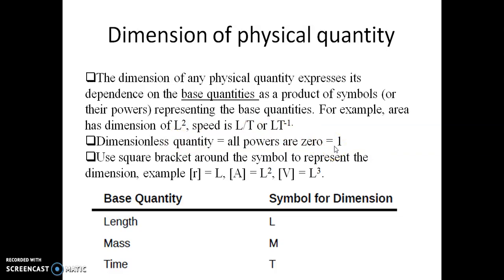So basically, if you have a number, that is a dimensionless quantity. When writing, we use square brackets around the symbol to represent the dimension. So for example, bracket R, which means the dimension of R, or radius, is L. The dimension of area, bracket A, is L squared, and so on and so forth.